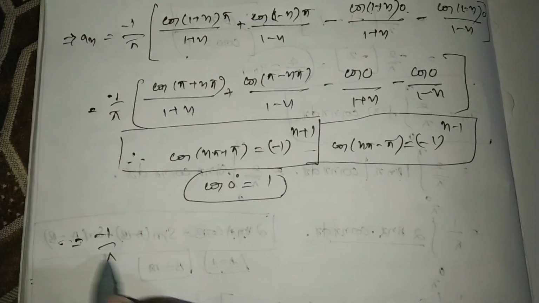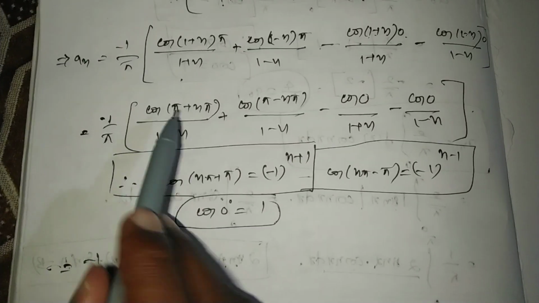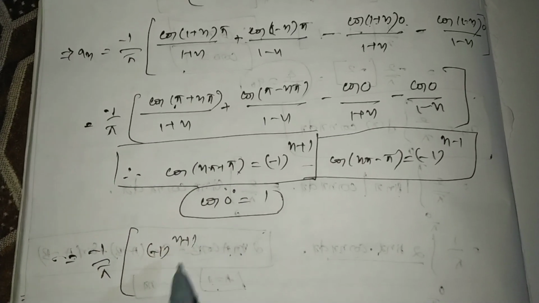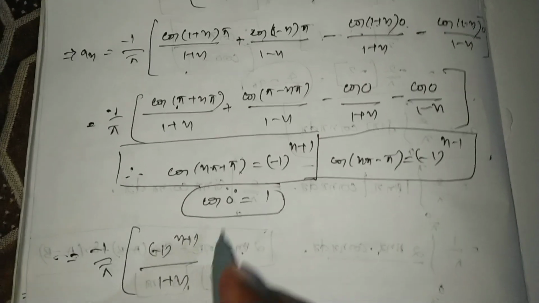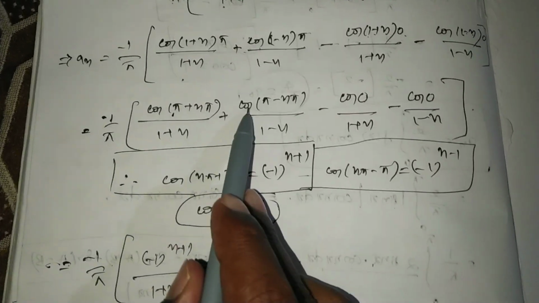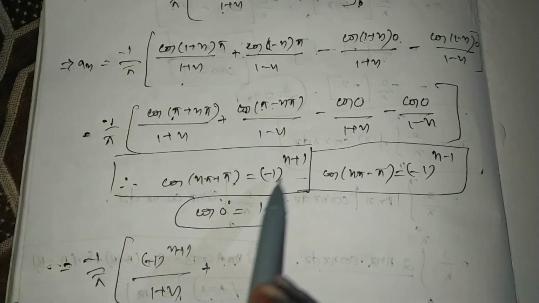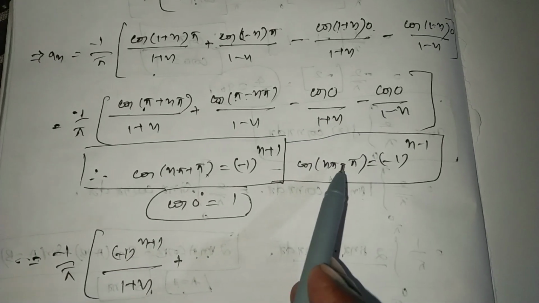So that is equal to negative 1 by pi into (minus 1) to the power of n plus 1 by (n plus 1) plus, here we have cos of (pi minus n pi), but here it is cos of (n pi minus pi).